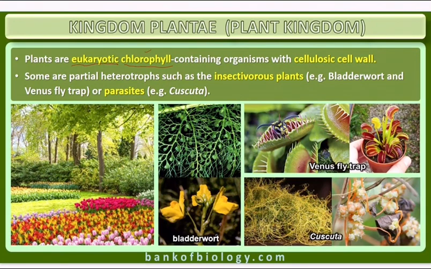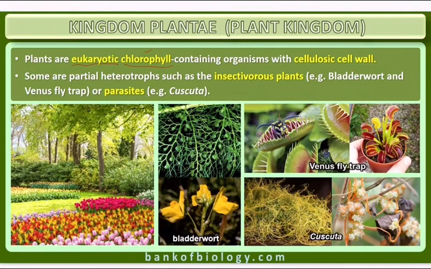And of course, the majority of plants will be green in color because of the presence of chlorophyll. Having chlorophyll, plants are autotrophs. They prepare their own food. So all those plants which are green, having chlorophyll, are autotrophs. They have chlorophyll, hence we say chlorophyllous.